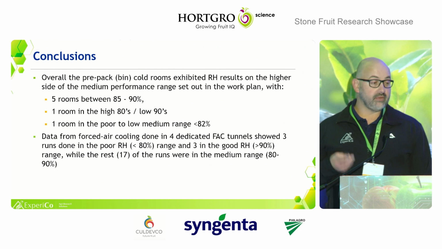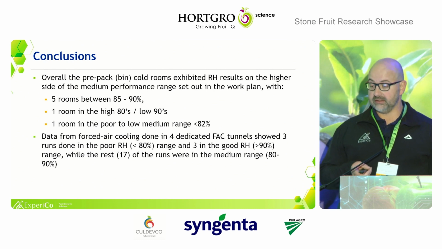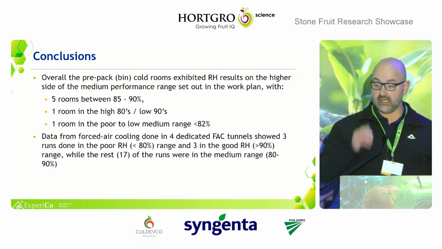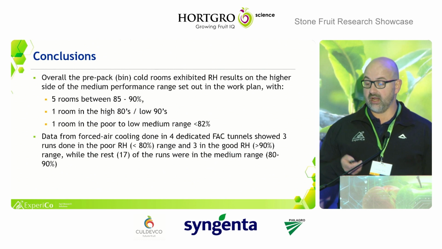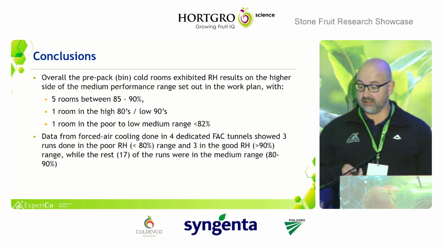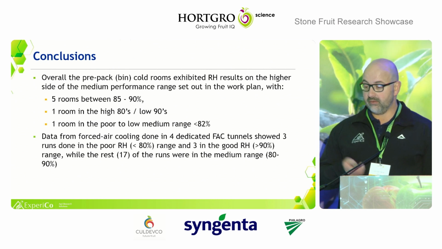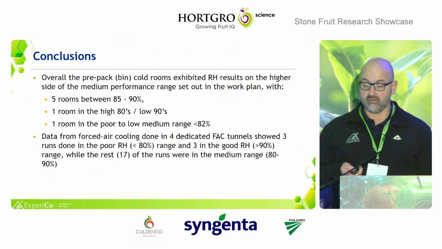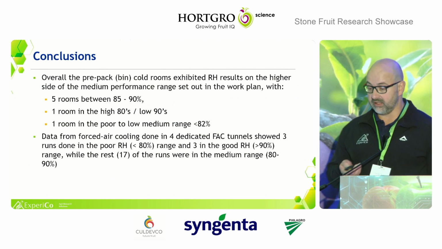Data from the forced air cooling done in 4 dedicated forced air cooling tunnels showed 3 runs done in the poor range, below 80%, and they will definitely have high shrivel development and moisture loss. Only 3 of them were in the good relative humidity range above 90%.